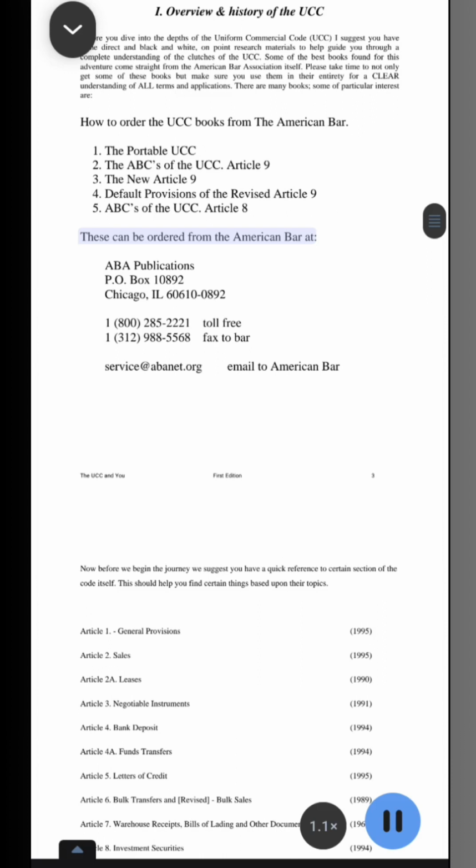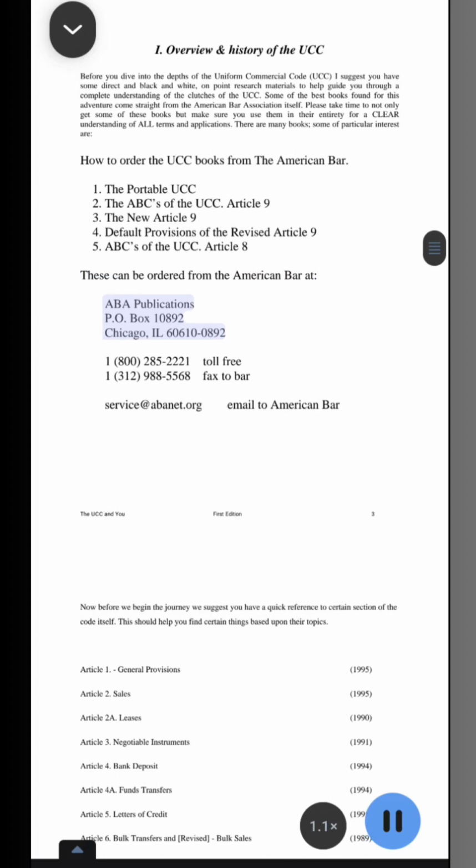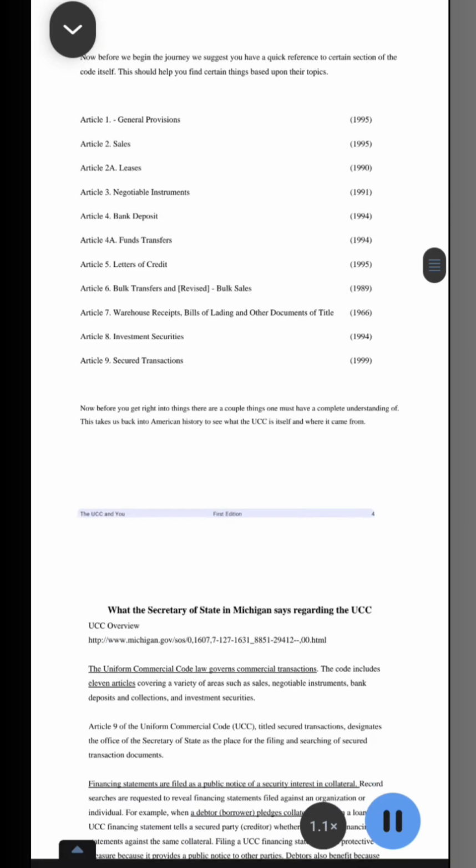These can be ordered from the American Bar at ABA Publications, P.O. Box 10892, Chicago, IL 60610-0892. 1-800-285-2221 toll-free. 1-312-988-5568 fax. Email to abaservice at abanet.org. The UCC and You, First Edition, 4.